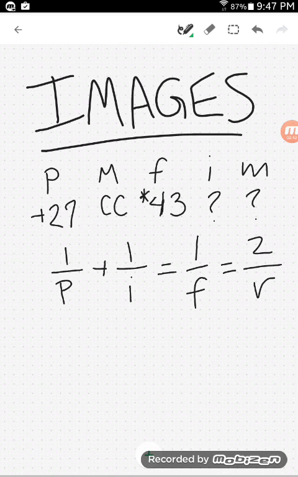So going from this, we know that because it's a concave mirror, the sign for our focal distance will actually be positive, because only in convex mirrors do we have a negative focal distance.